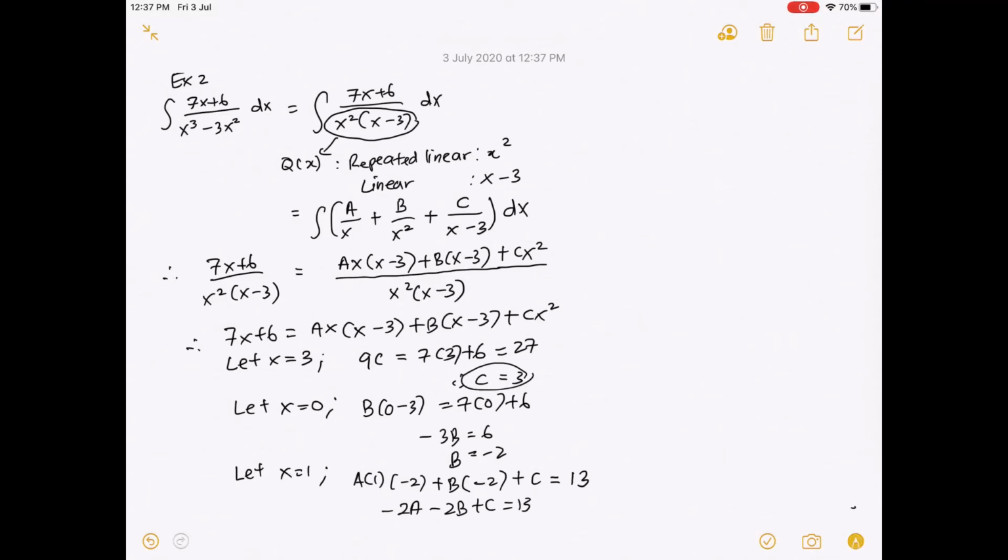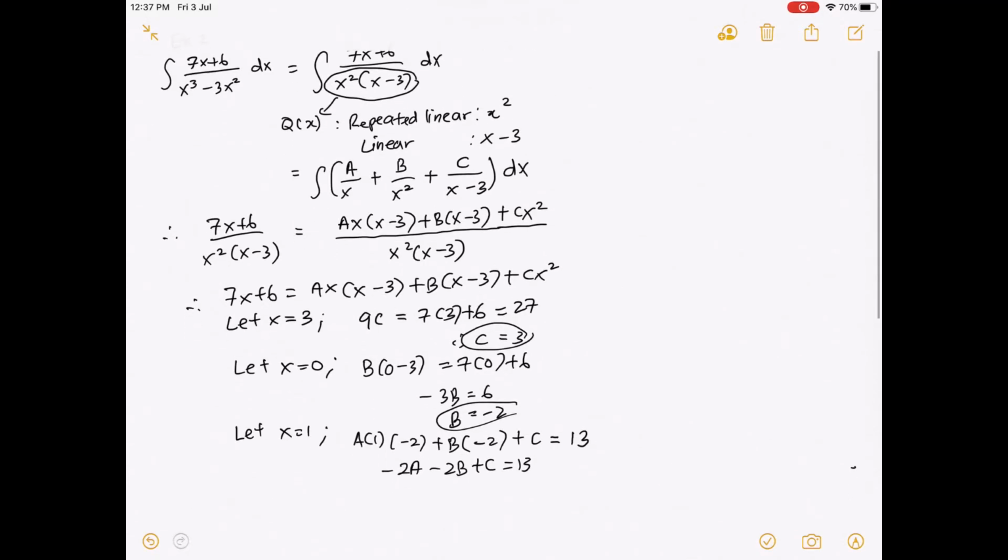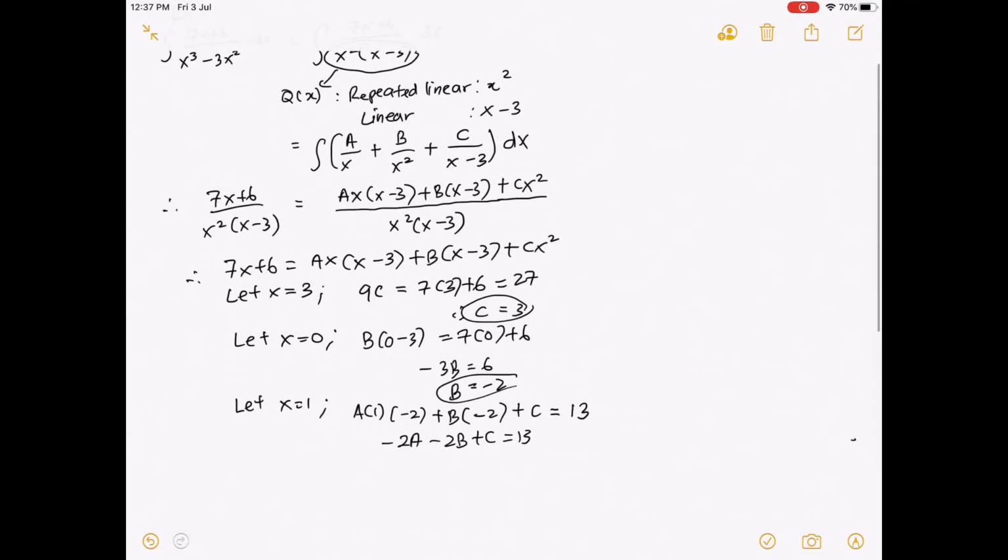Okay, I can find my a here because I already have my c equals 3 and b equals negative 2. So you can plug in the values, then we'll have negative 2a, minus 2b becomes plus 4, and c becomes 3, equals 13.